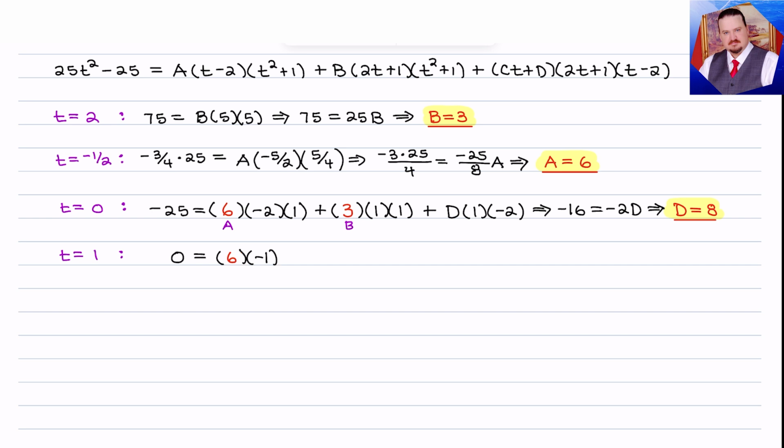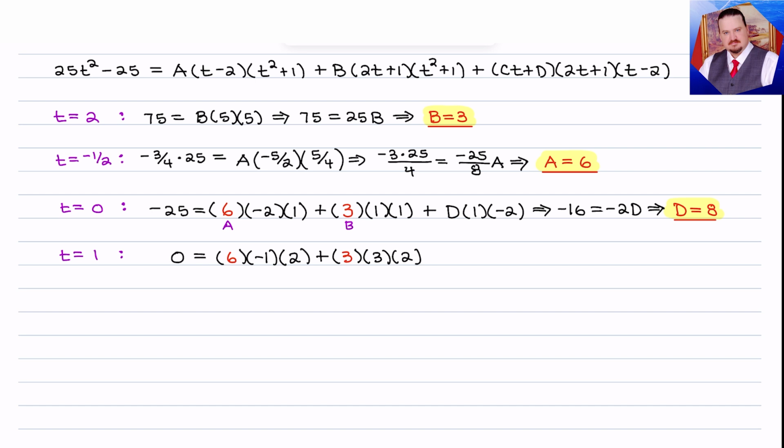And then here, 1 squared plus 1 is 2. B we already know is 3. So I'm over here, but I'm evaluating here at 1. 2 times 1 plus 1 is 3. 1 squared plus 1 is 2. So I should have 3 times 2.